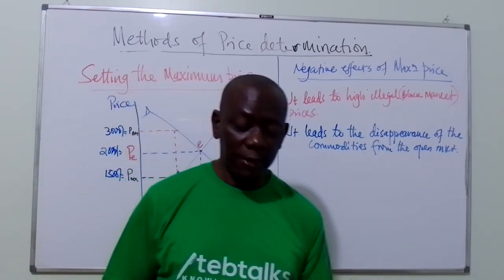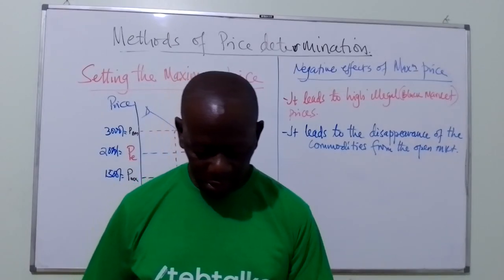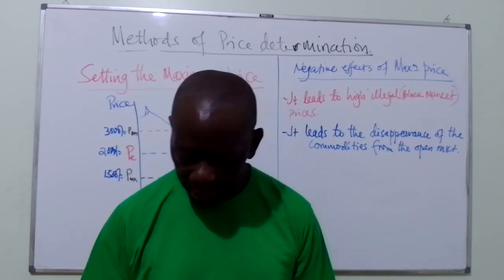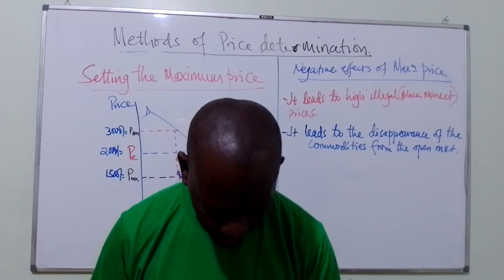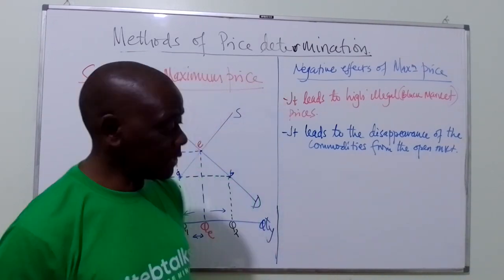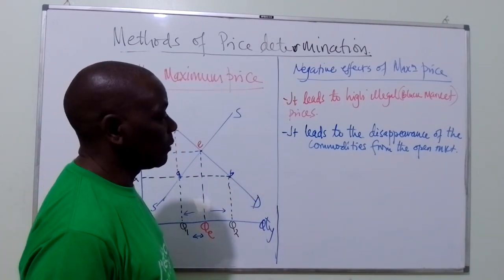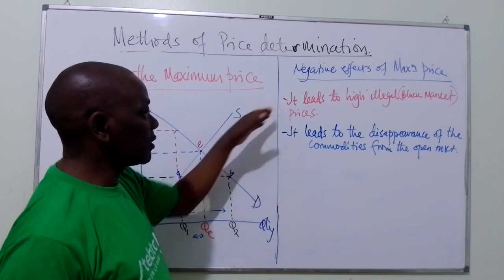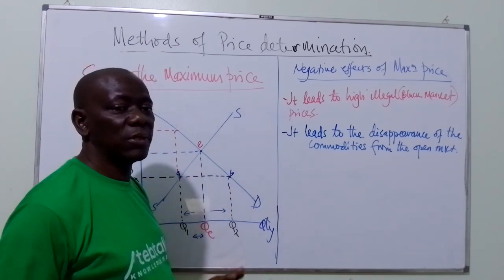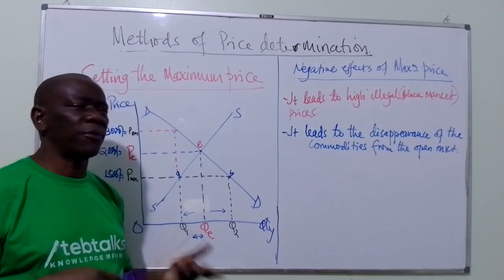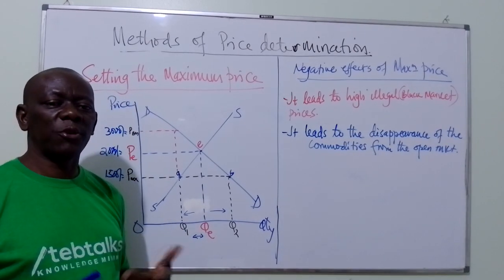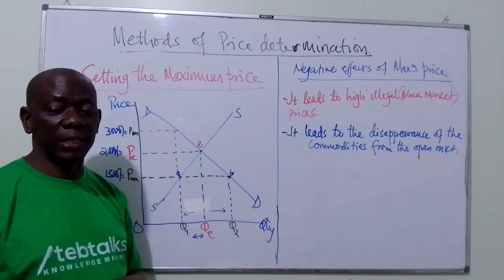So I've already explained that it leads to the disappearance when the seller finally says no, we cannot sell at that price, and the commodities disappear. So after declaring the maximum price, say for sugar, for salt, for soap, you may find the shops getting empty.